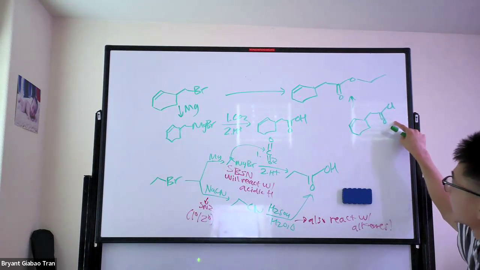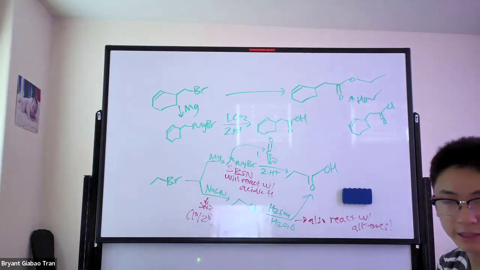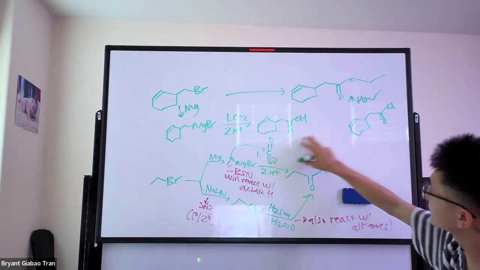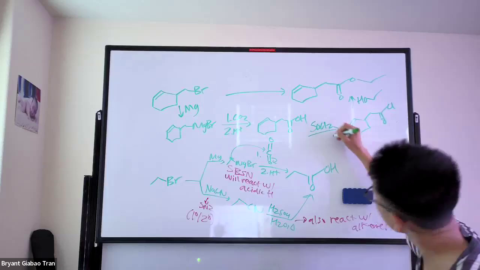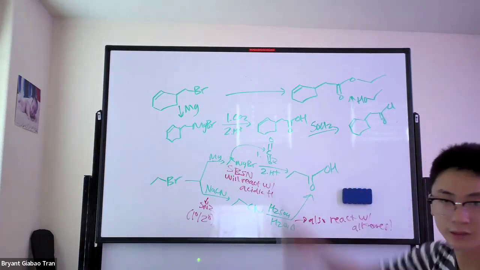It does not require acid or base catalyst. We could just use a neutral alcohol there. No acid needed, no base needed, right? Now, how can we convert this carboxylic acid into this acyl halide here? SOCl2. Yeah, SOCl2. So we cannot use Fischer esterification here because the acid will also react with the alkene.